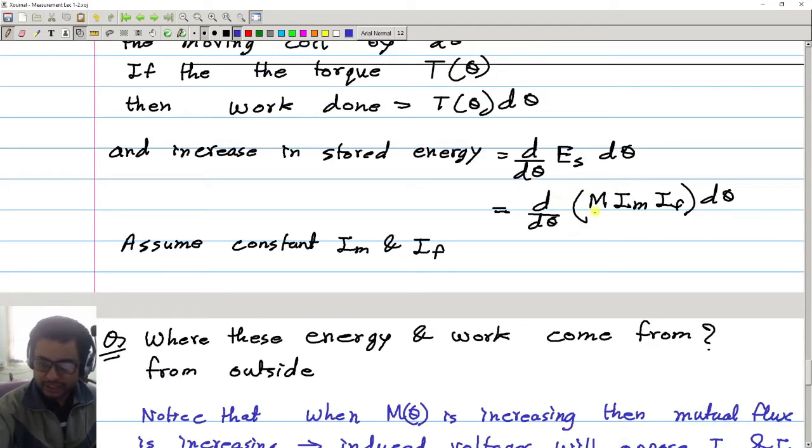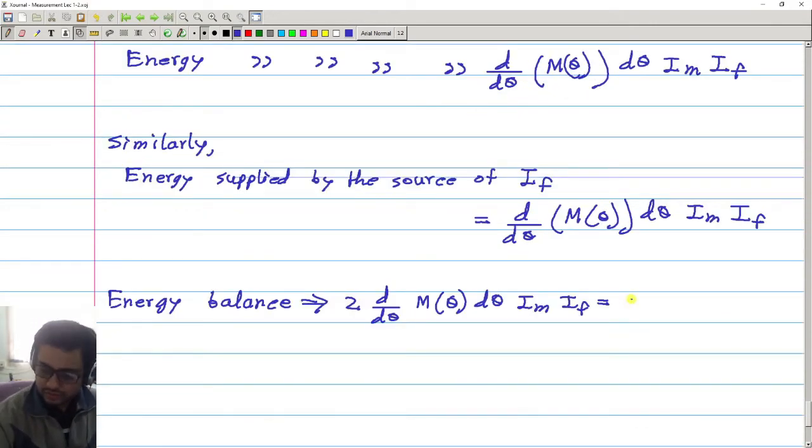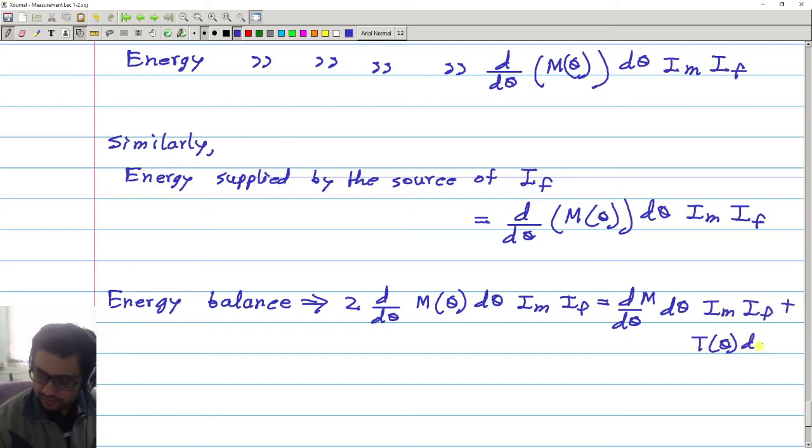This is the increase in stored energy, this is the work done. So the stored energy change is this, plus the work done, and you simplify it, very easy, and you will get what I told earlier.